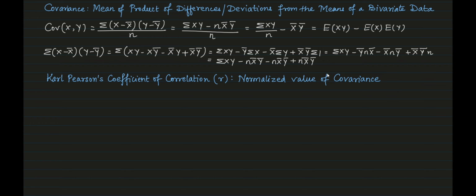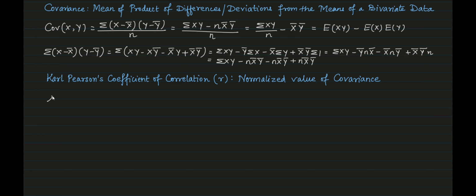Why do I need to do that? Covariance can only say whether the two variables are positively correlated or negatively correlated. To measure the strength of correlation, we divide the covariance by the standard deviations to get a value between -1 and 1, and then we do the further analysis.